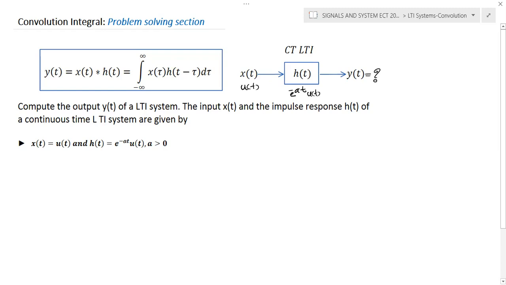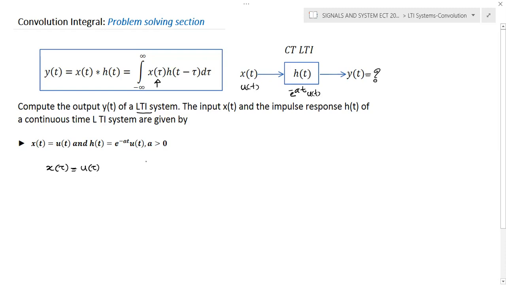By using this convolution integral formula, we can find the output of the system, because it's an LTI system and it's a continuous time system, and we know the impulse response also. But in the equation, we can see that we require x of tau, but x of t is given. So you can calculate x of tau by simply replacing t with tau. So we can write x of tau becomes u of tau.